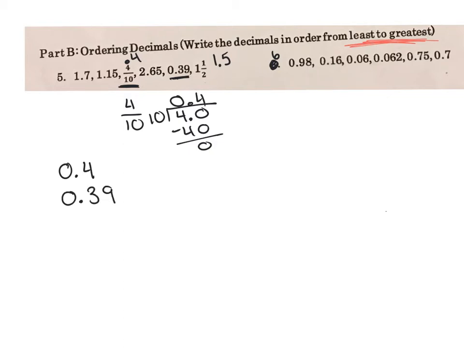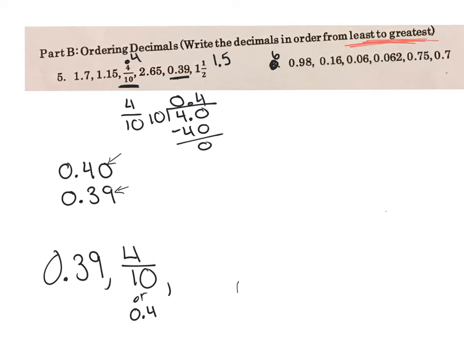And some of you will think, oh, 39 is bigger, but you have to have the same amount of place value. So now if you look at that, you're like, oh, 40 is bigger. So this one is actually bigger than this one. So our first number is going to be the 0.39/100ths. And then it's going to be the 4/10, or you can write it as 0.4.